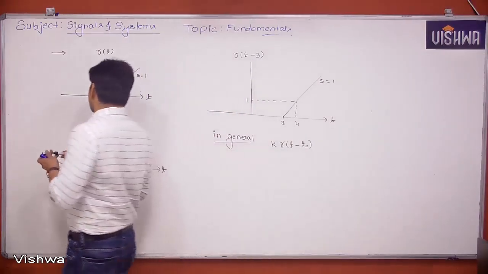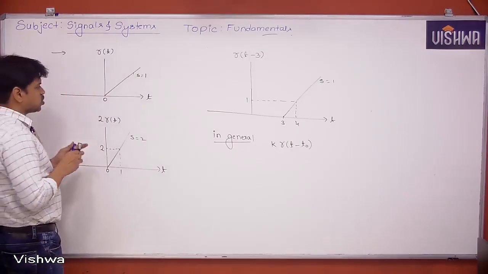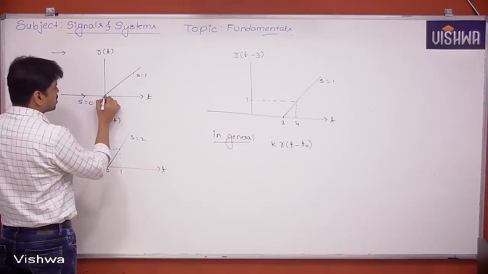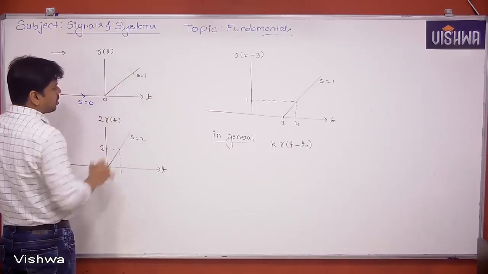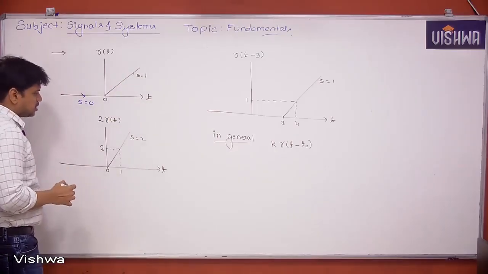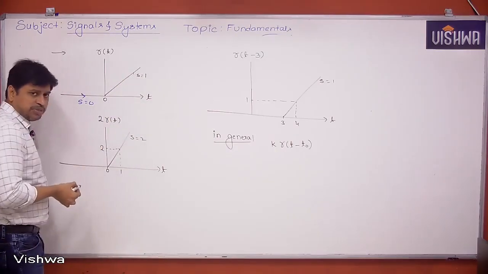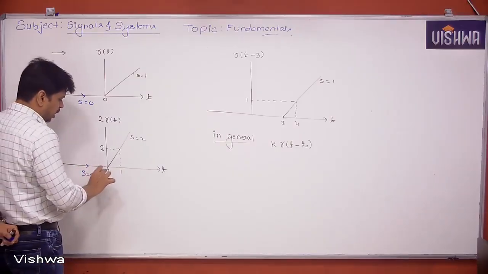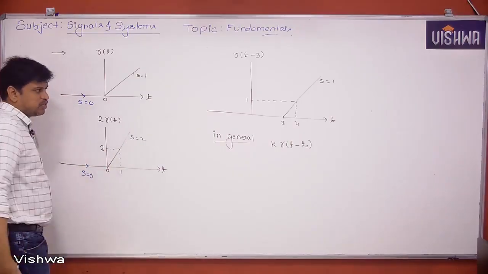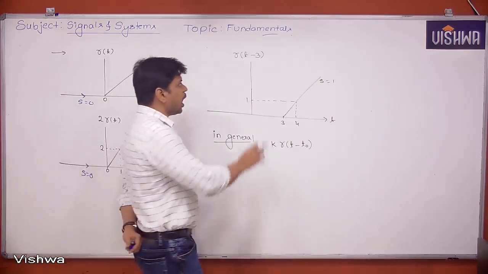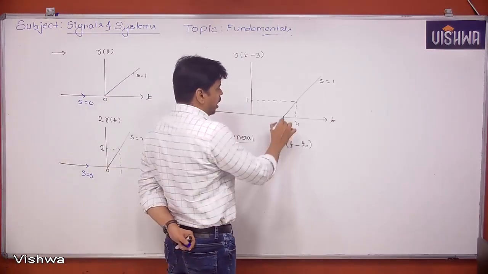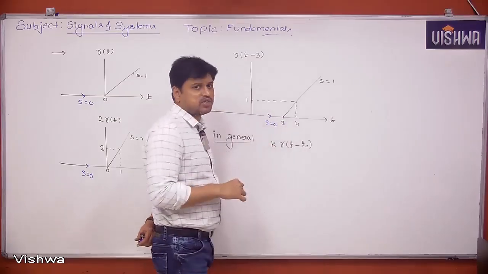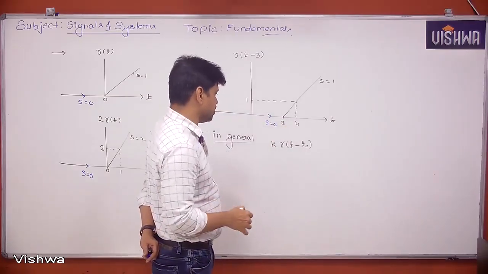Up to 0, the slope of a horizontal line is nothing but 0. At 0, it is introducing a slope of 1. Next, 2r of t means up to 0, the slope is 0. At 0, it is introducing a slope of 2. Next, r of t minus 3 means up to 3, the slope is equal to 0. At 3, it is introducing a slope of 1. That's what the meaning of it.